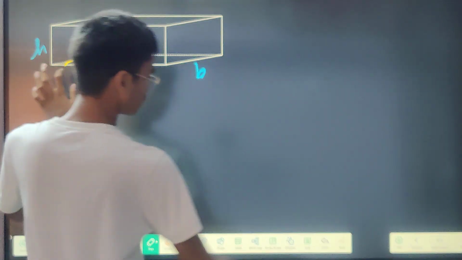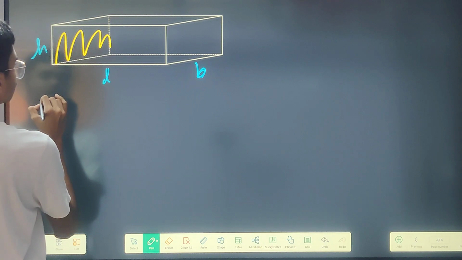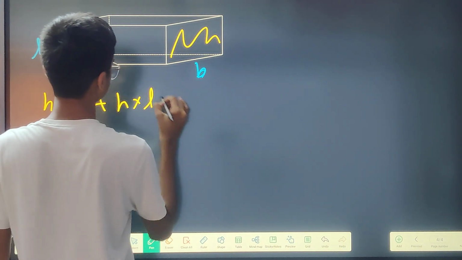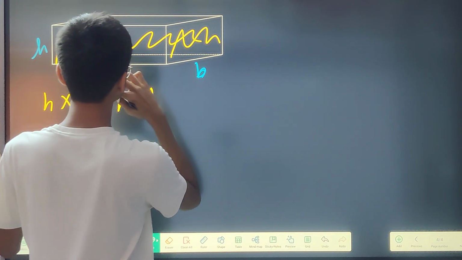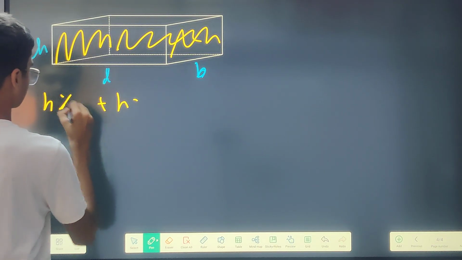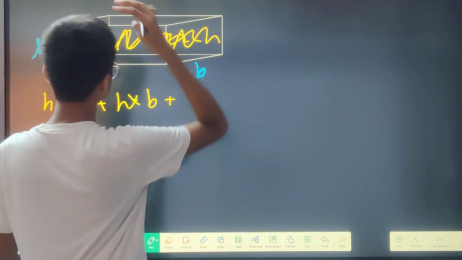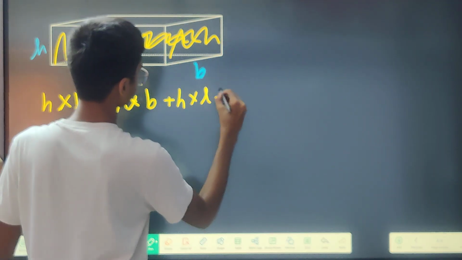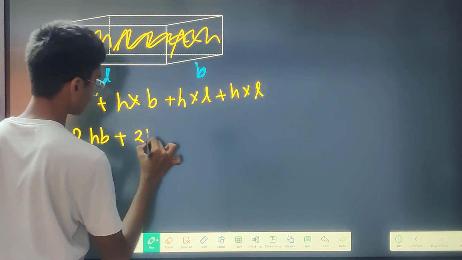So now we will do it. First I will take this area, which is going to be H into L, plus again this area, which is again going to be H into L. Now I'm going to take this area, which is going to be H into B, again H into B, plus this area, which is H into L, plus H into L. That is going to be 2HB plus 2HL.